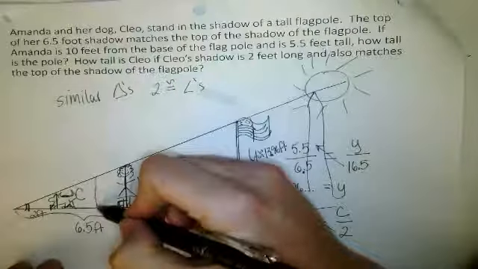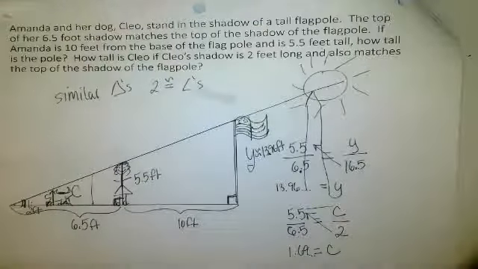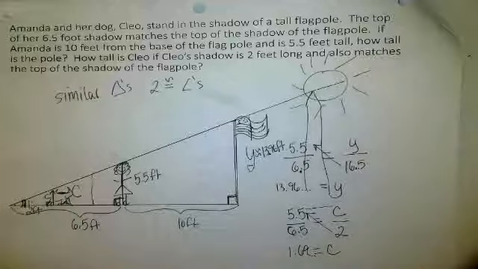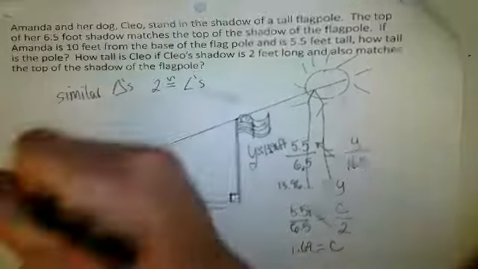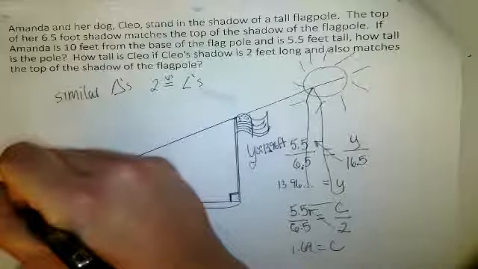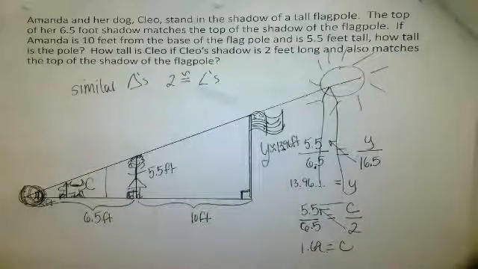No matter how small or large those similar triangles get, the same ratio, height to shadow, will always be the same. Craziness. Because someone noticed that those ratios, depending on this angle right here, height to shadow, always are the same. We can use it as kind of a constant of information.